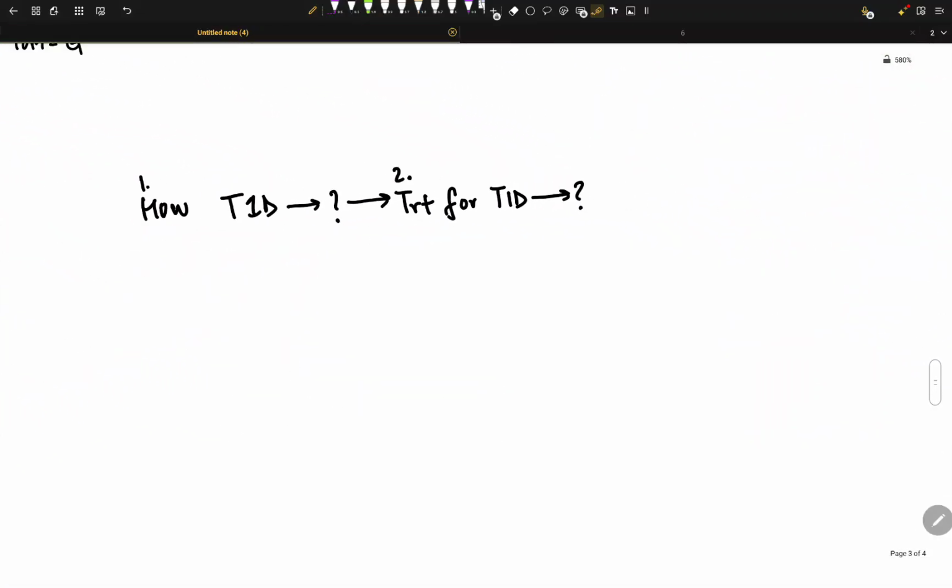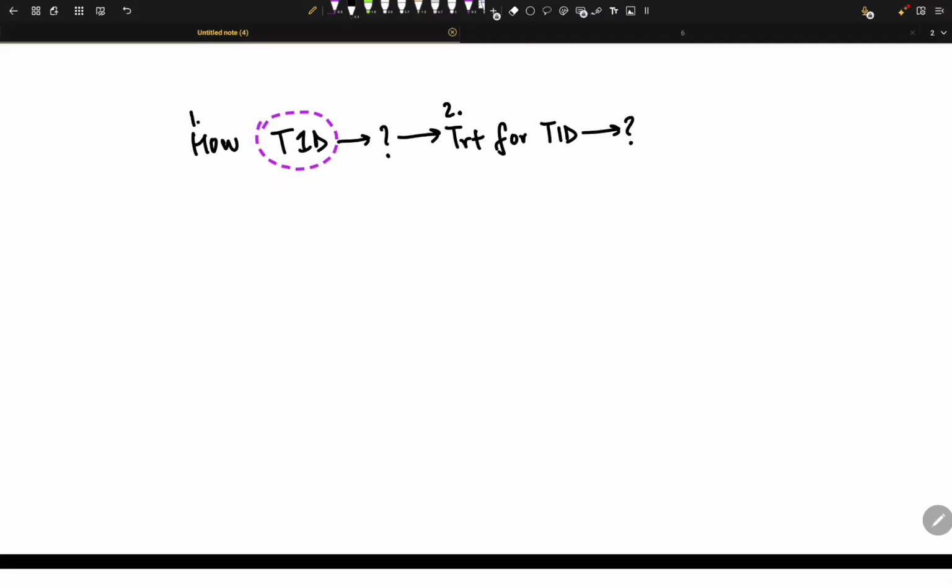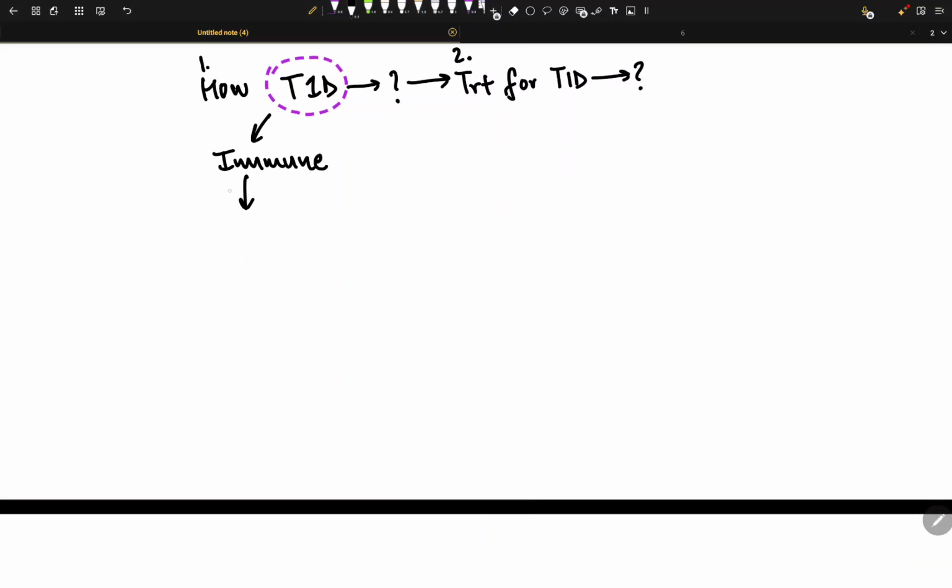Now, let's come back to our topic. Let's start with this topic. The first thing that we want to understand is what is type 1 diabetes. A lot of people will think that, hey, it's just no insulin. Well, actually, let's start with the most basic facts. In type 1 diabetes, your immune system goes and destroys your what?